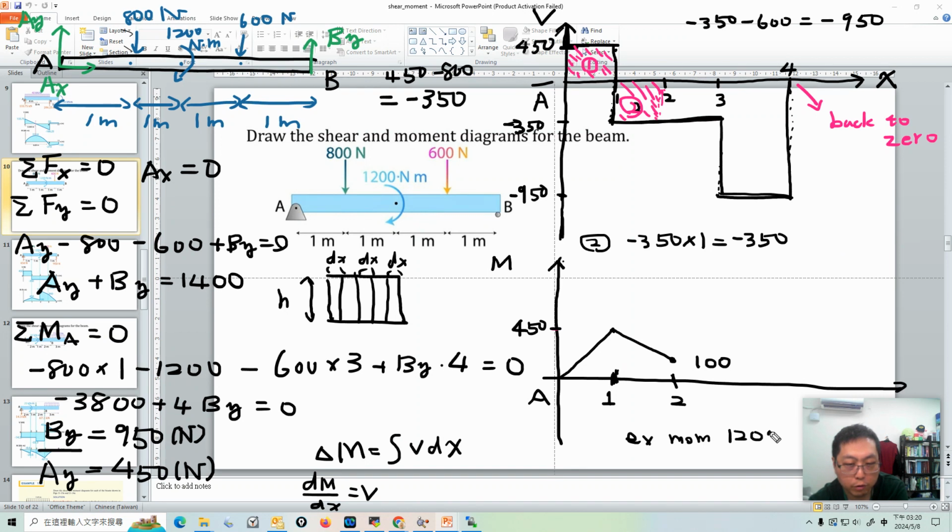It's clockwise, and clockwise means negative. So at position 2, we have external moment minus 1200.